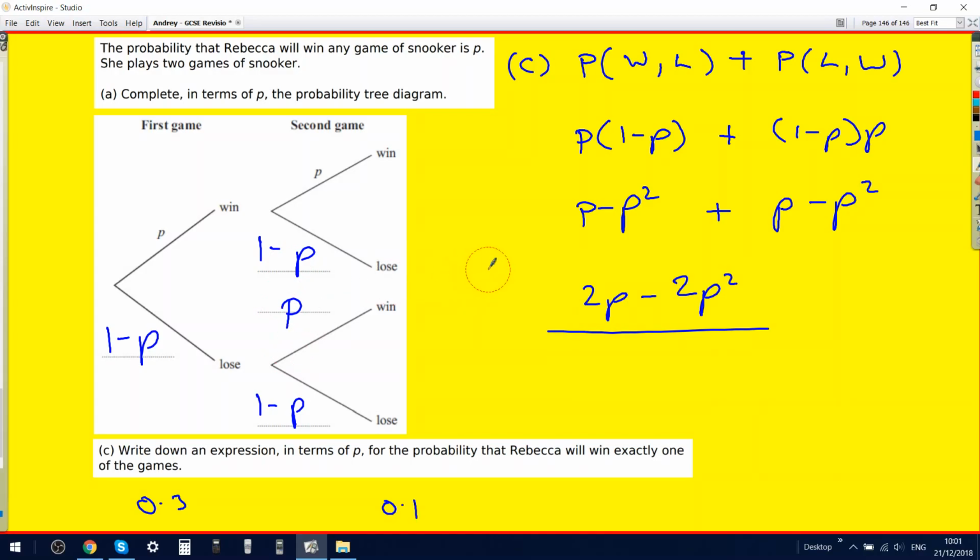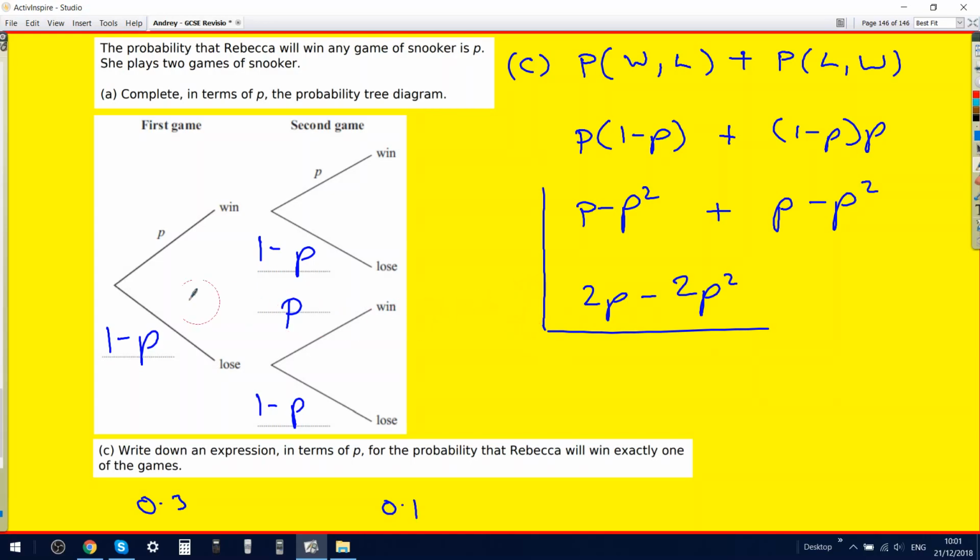Okay, any questions there? So what about the probability that she wins both games? Say it again, sorry? So where it says the probability that she'll win exact. Oh no, sorry, I've read the question wrong. No, sorry, don't worry. You've scared me. I thought for a second, oh, is it she wins both games? That'd be much easier. What's the probability she wins both games? 2P.